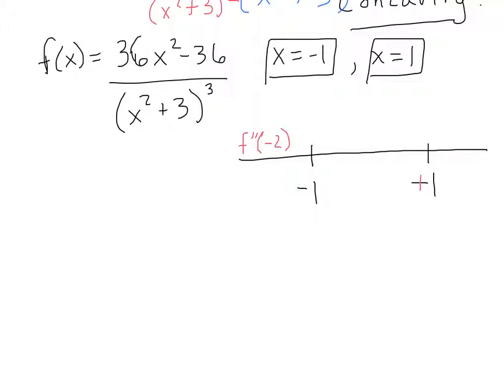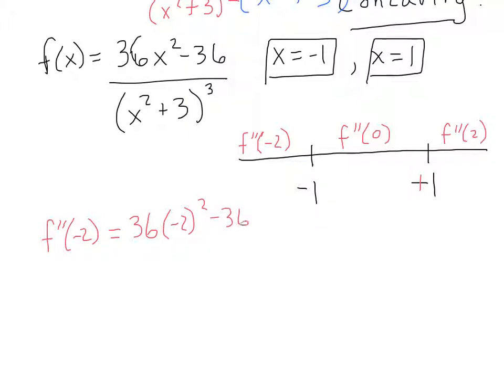Now, in between -1 and +1 is 0, so I'm going to test f double prime of 0, and to the right of 1 is f double prime of 2. And now I don't really care so much what the actual number output is. I just want to know if it's positive or negative. So let's plug -2 in. So I've got f double prime of -2 equals 36 times -2 squared minus 36 over -2 squared plus 3 cubed.